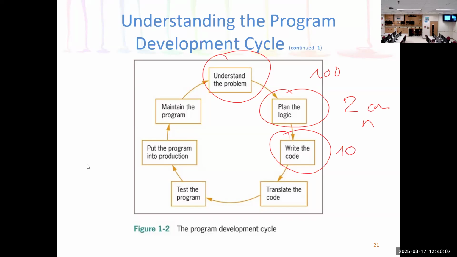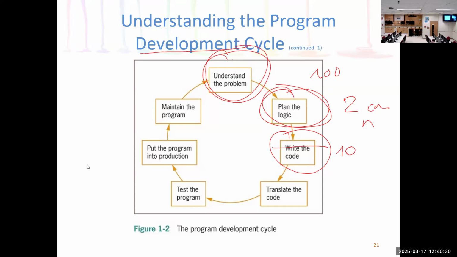So the two most important steps in the development cycle are understanding the problem and planning the logic. The more time and effort spent on understanding the problem and planning logic, the higher the success rate of your program. Actually, writing the code is very simple.